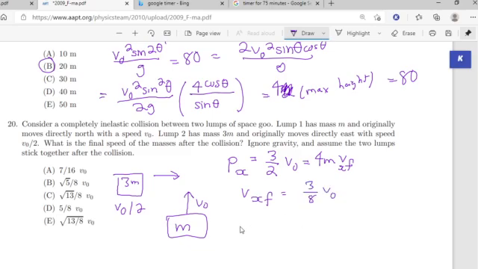Yeah, okay. Great, now let's look at the y component of the momentum. So now we have m v naught, and then after they collide, the total mass is 4m again.